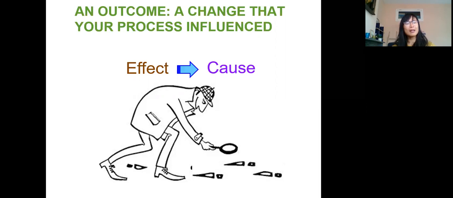And then we want to track backwards and see, okay, what are the different steps we can find that led to this change? What are the footprints, what are the fingerprints, and maybe something is left on the crime scene that can give us clues on what has taken place before this change happened.